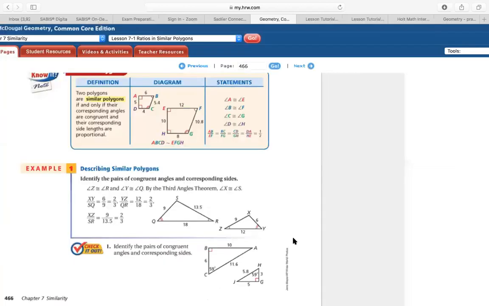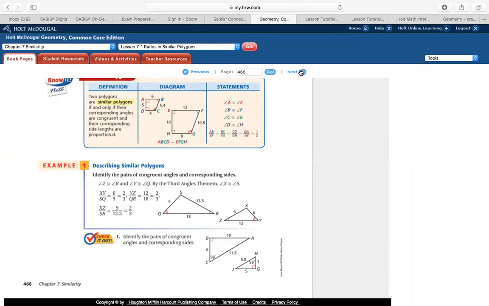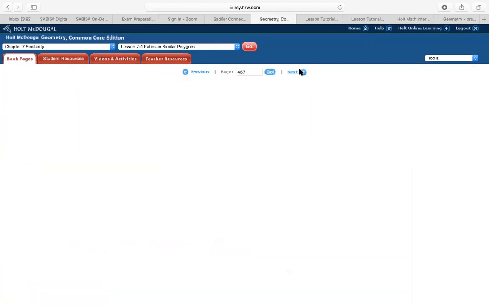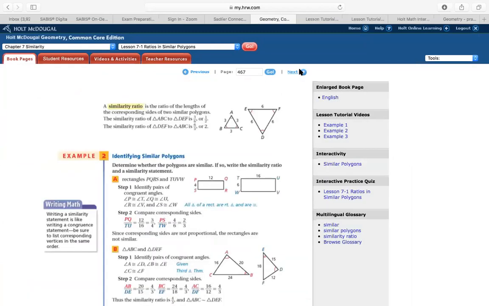Okay, let's move to the second page. They are defining here the similarity ratio, which is the ratio of the length of the corresponding sides of two similar polygons. This is what we learn to do now.